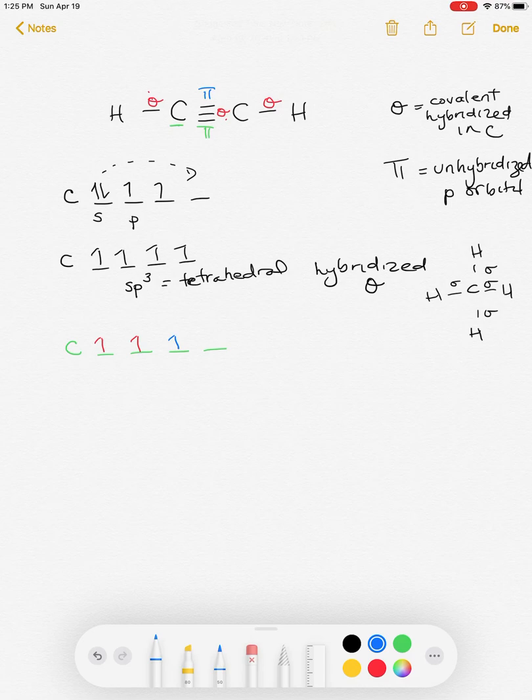Now, the one pi electron, and I made him green, so we'll make him green too. This pi. So sigma, sigma, pi, pi. So don't forget, these are my sigmas, so these are hybridized. So these are my pi's, so these are the regular p orbitals. They're not hybridized.